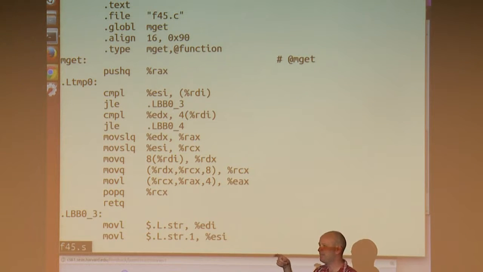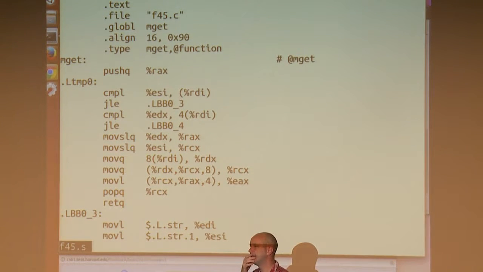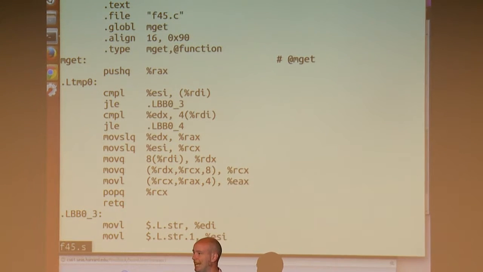Yes, sorry, name? George. Why does it pop it into RCX? Why doesn't it pop it into RAX? Oh, RAX is already filled for the return. RAX is filled for the return value. It's got to get rid of it somehow, right? Part of the calling convention is that you leave the stack pointer exactly as you found it.